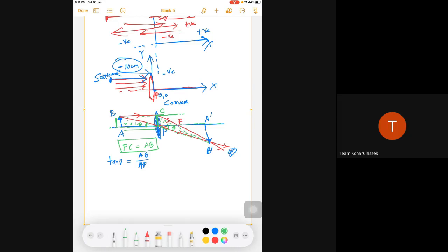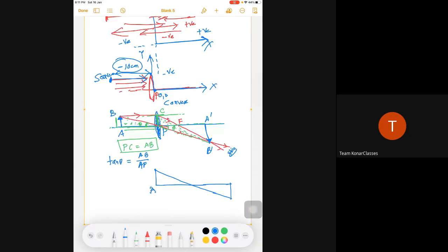Is it clear, or do I need to draw it in a bigger way? Okay, let me draw it. See here what we are doing. This is my object, and this is coming here, going like this, and making like this.